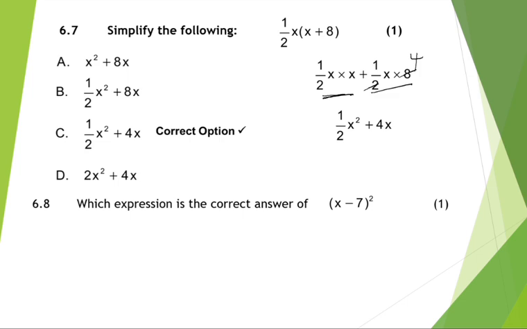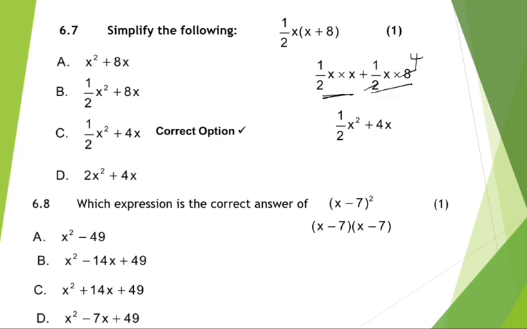Which expression is the correct answer of (x - 7) squared? Let's look at those options. Most of the learners gave A as the answer, which is wrong. So we have got to open two brackets. So (x - 7) multiplied by (x - 7).